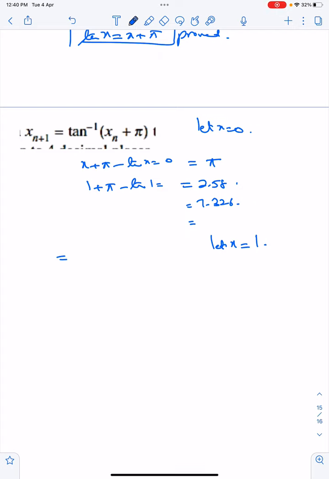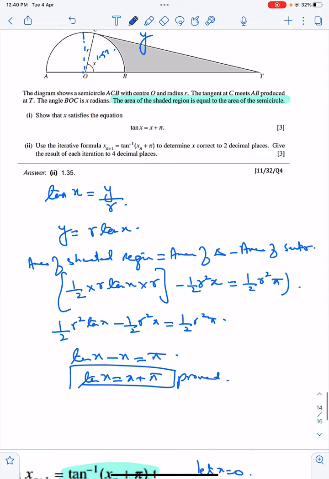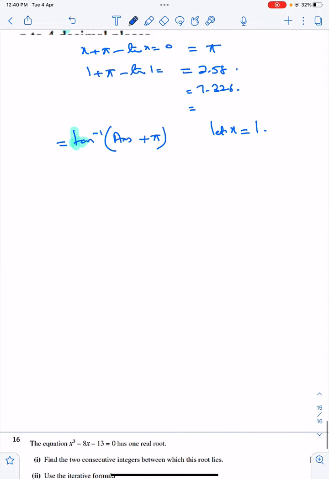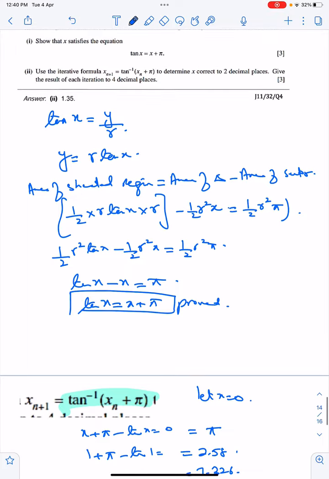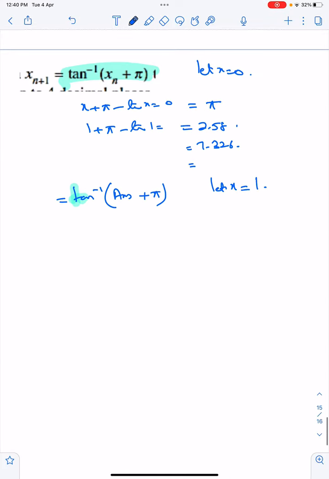Now I'm going to write down this formula in the calculator: tan inverse of answer plus pi, in the same bracket.